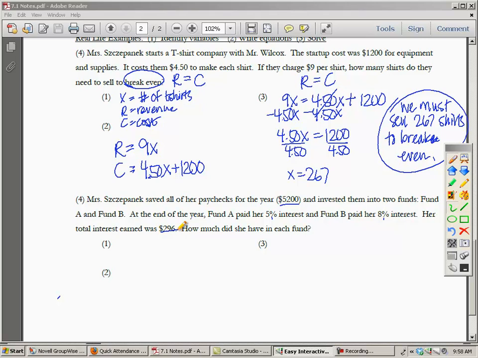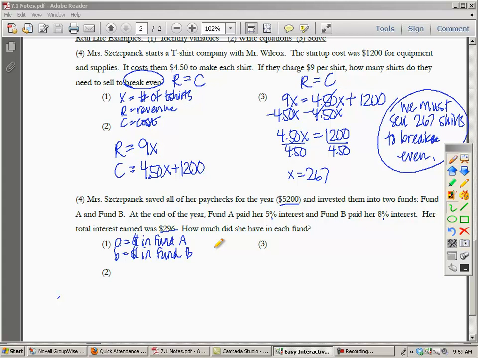Okay, so here we go. Let's talk about what we know. I'm going to use A and B because we have funds A and B. A is the amount of money in Fund A. B is the amount of money in Fund B, because that's our goal, is to find the amount of money in each fund. Now, they're talking about two things, the amount of money I put in and the amount of interest I earned.